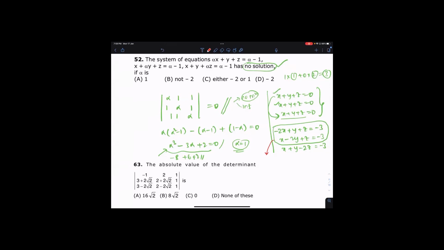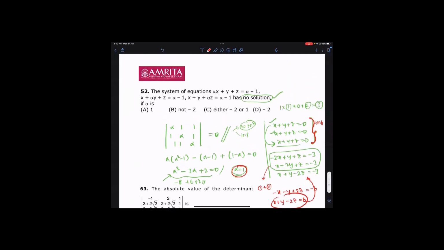If I add first and second, I'll get -x minus y plus 2z equals -6. If I multiply by minus sign, I will get x plus y minus 2z equals 6. Is it matching with the third equation? No. If it matches, infinite solution. Otherwise, no solution. So when alpha is 1, we got infinite solutions, but when alpha is -2, we got no solution.